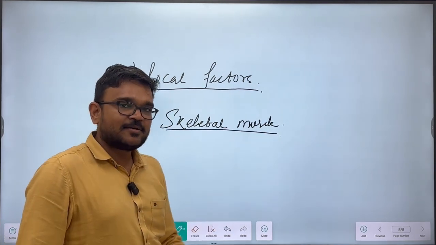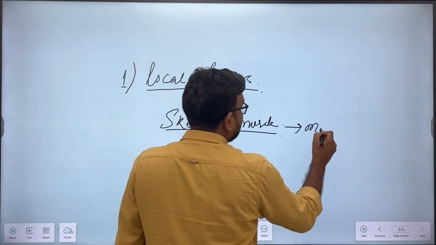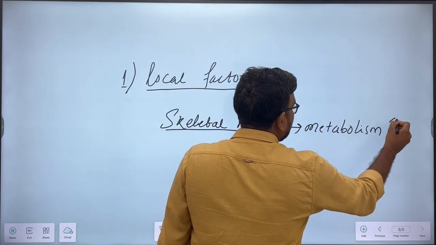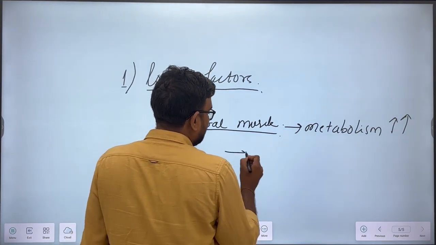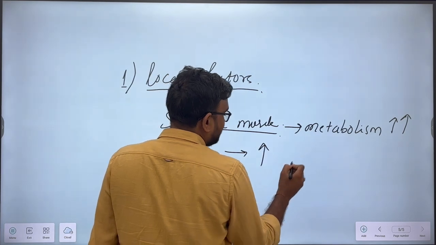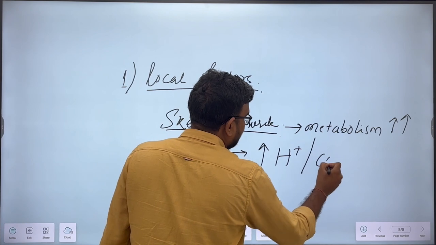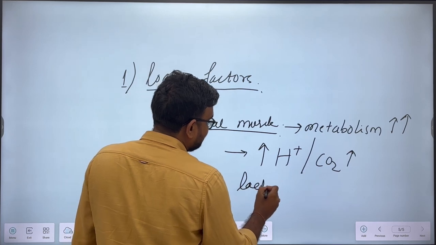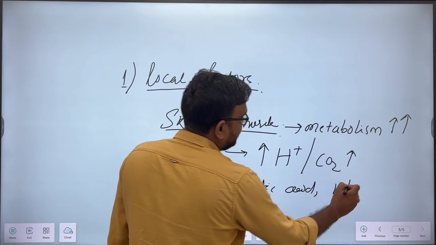So as the skeletal muscles work, the basal metabolic rate or the metabolism increases. As the metabolism increases, it causes increased production of local metabolites like H plus ions, carbon dioxide, lactic acid, potassium.